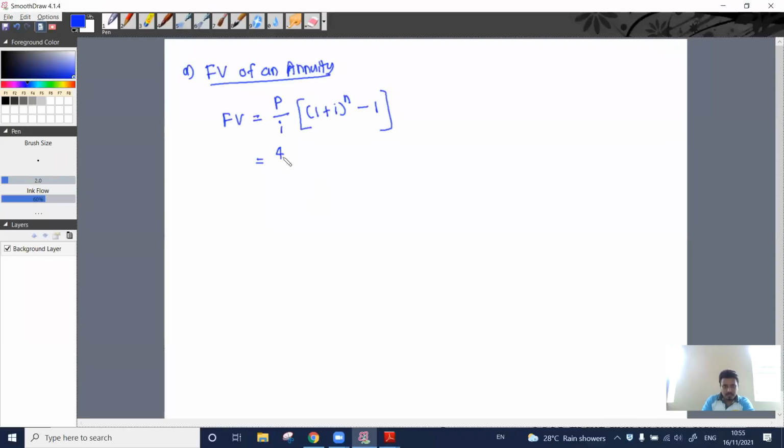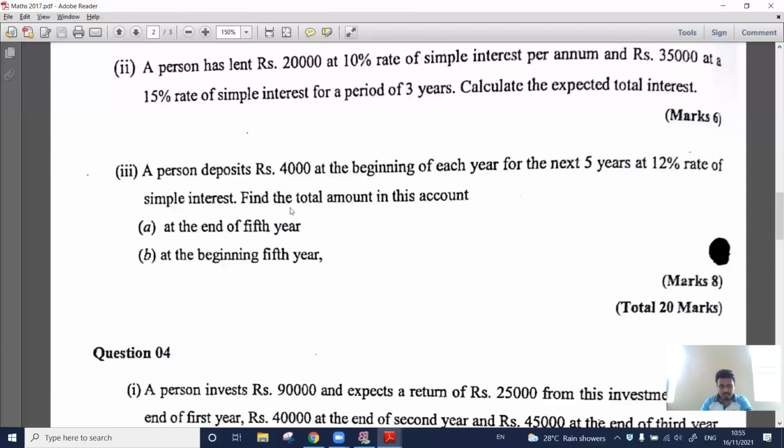How much do we deposit every year? 4000. What is the interest rate? 0.12, 12%. 1 plus i value is 0.12. To the power n, for how many years? At the end of the 5th year.